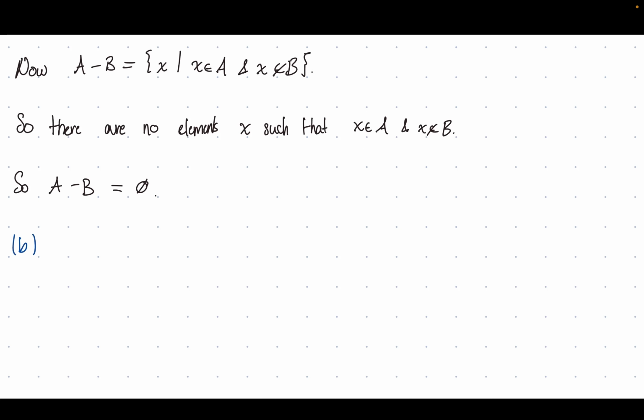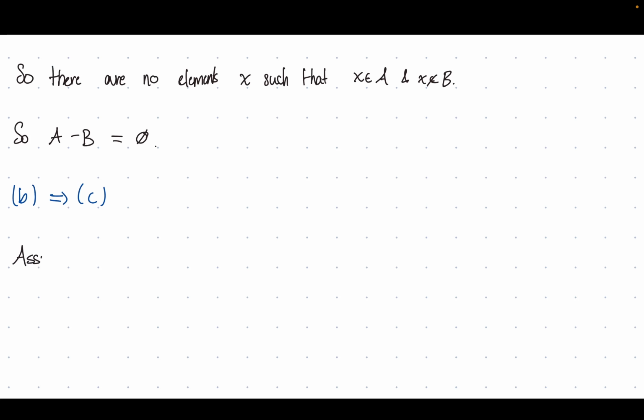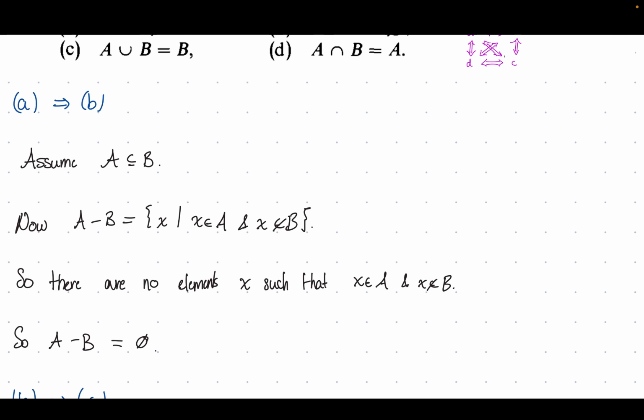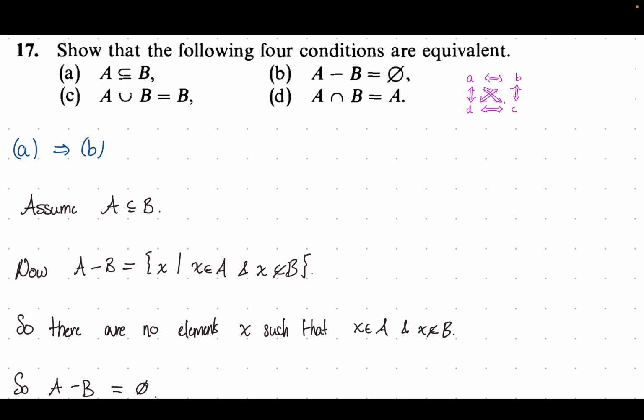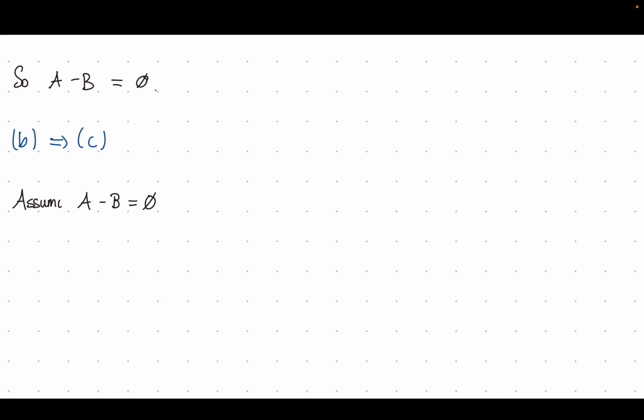Now we're going to do B implies C. So let's assume A minus B is equal to the empty set. And we're trying to show, again, that A union B is equal to B itself. Okay.